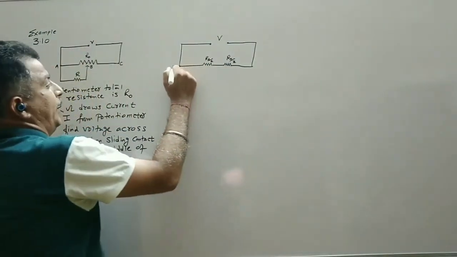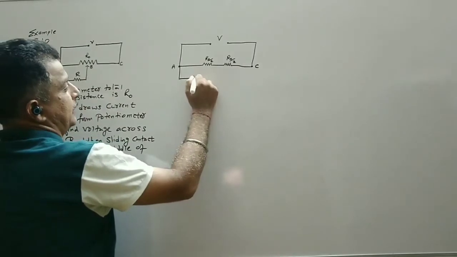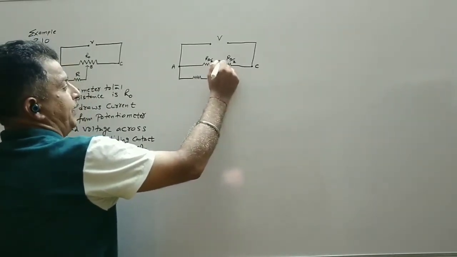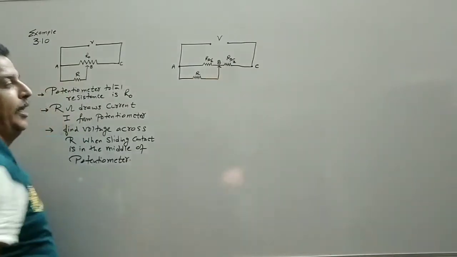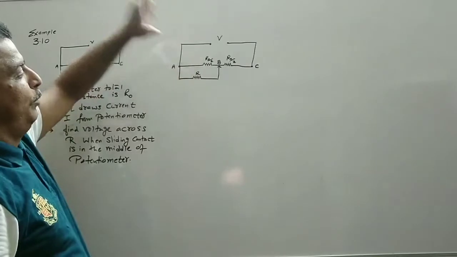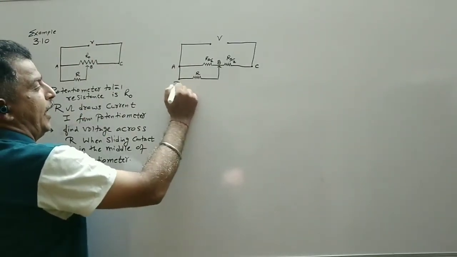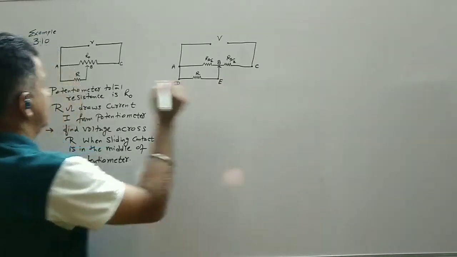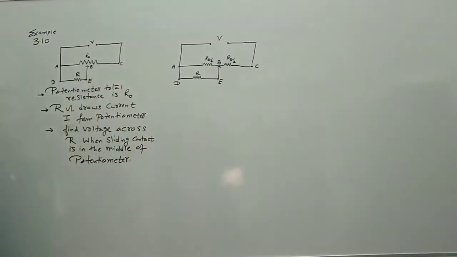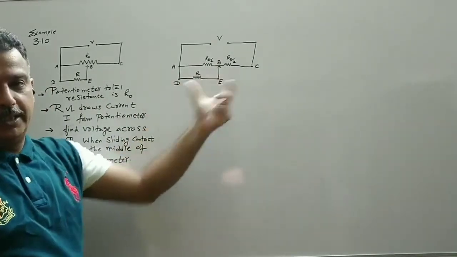This is our point A, this is point C, this is R, and this is the midpoint B. Now clearly this R naught by 2 is in parallel combination with R. Let us name these points D and E. So we label this diagram as shown here.